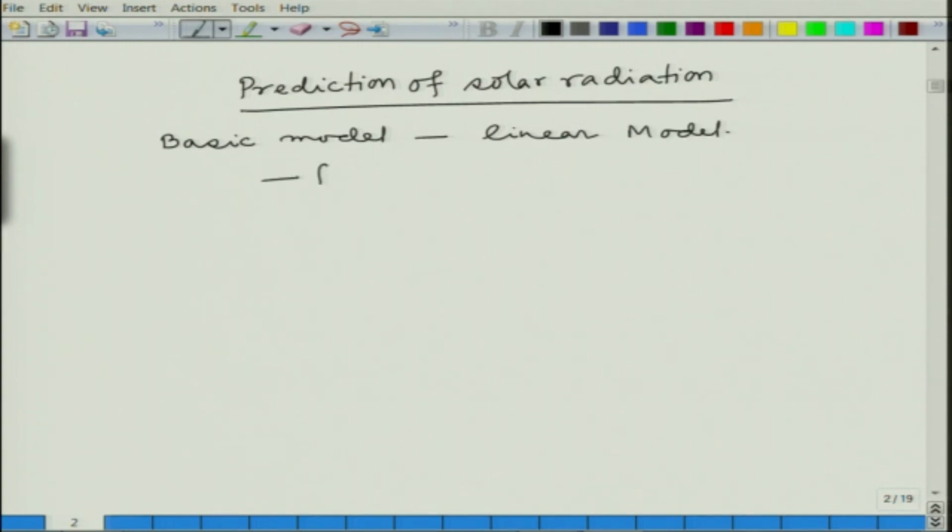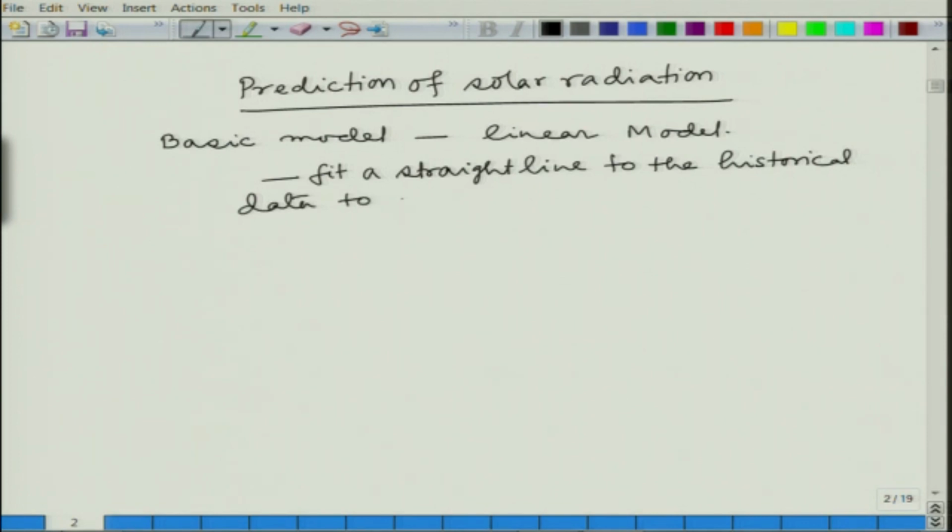We fit a straight line to the historical data to predict future availability of solar radiation.